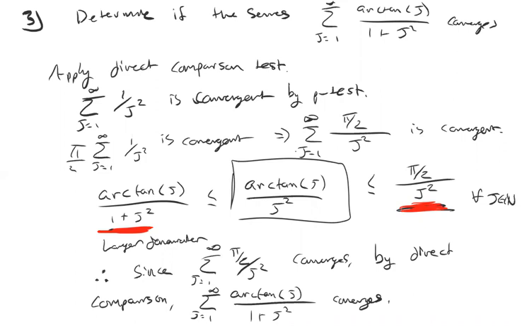And the way I think about these things is this kind of looks like a 1 over j squared p-test kind of thing. You just need to kind of reverse engineer and say, okay, well, the numerator, I can bound that by something, and the denominator's even larger. So, you know, you just kind of work the pieces backwards and say, okay, I'm going to start with 1 over j squared.